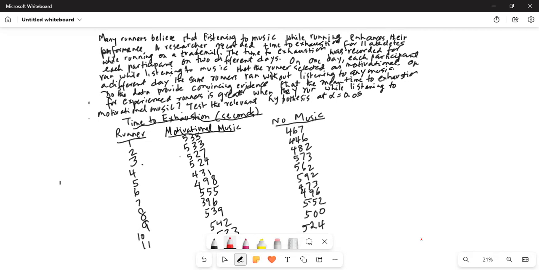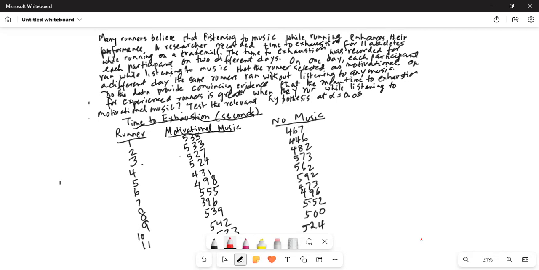On a different day, the same runner ran without listening to any music. Do the data provide convincing evidence that the mean time to exhaustion for experienced runners is greater when they run while listening to motivational music? Test the relevant hypothesis at alpha equal to 0.05.